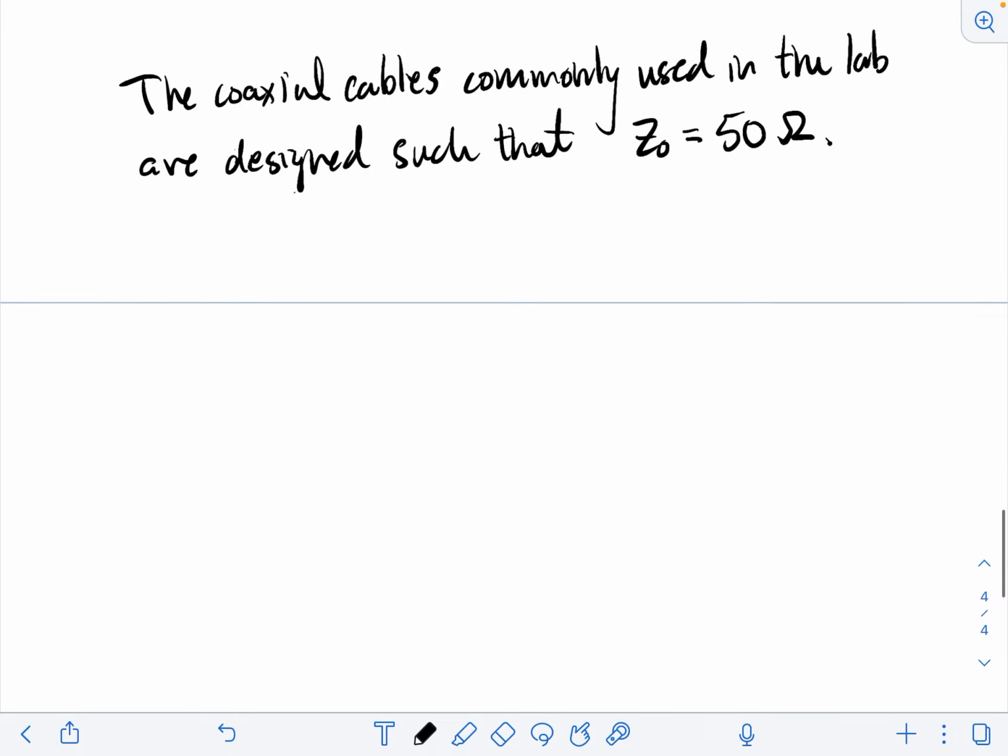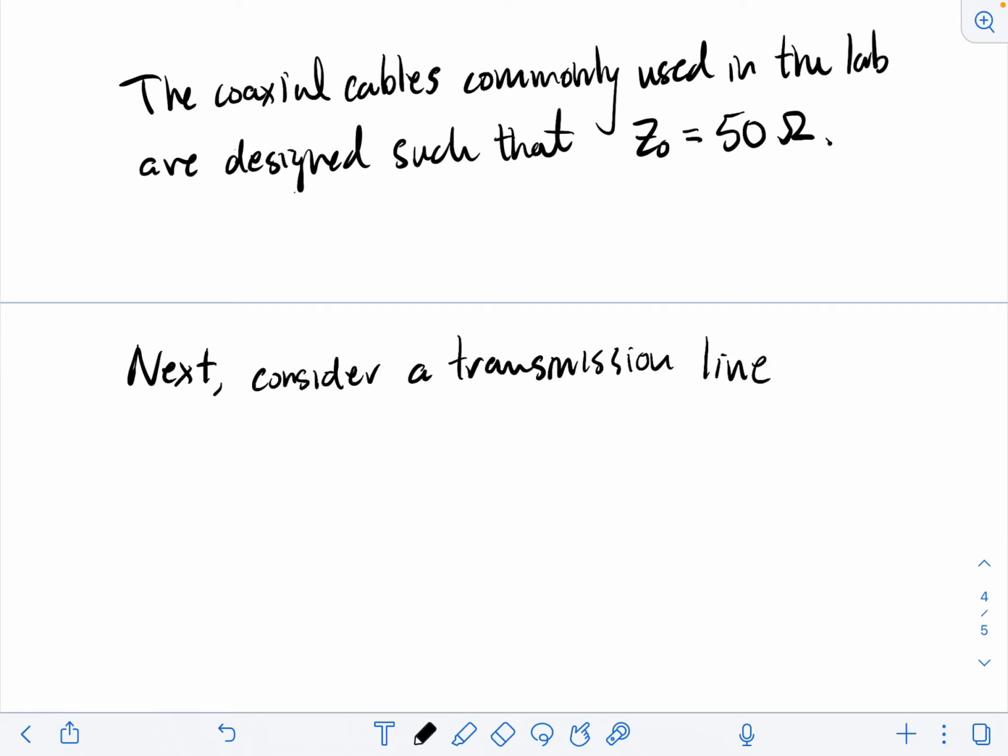Okay, so the next thing we're going to do is consider a transmission line where one end is driven by a function generator. So the signal it outputs is some harmonic, sinusoidal signal.